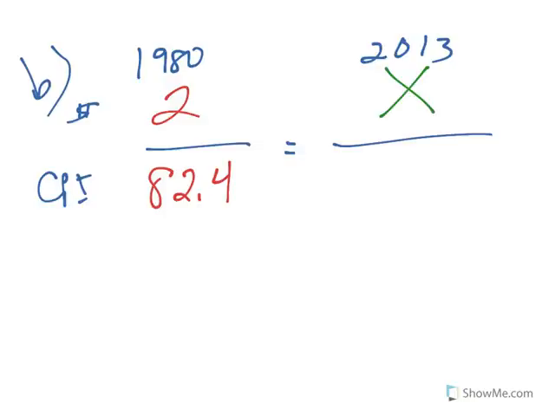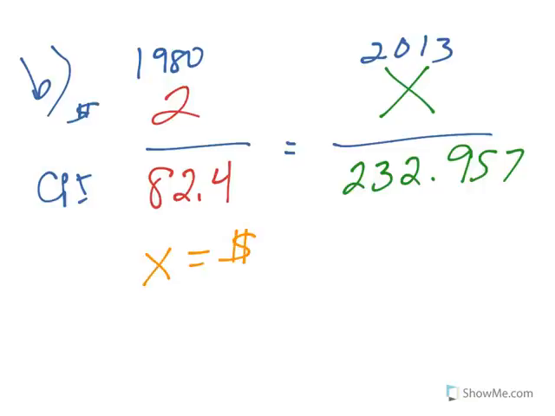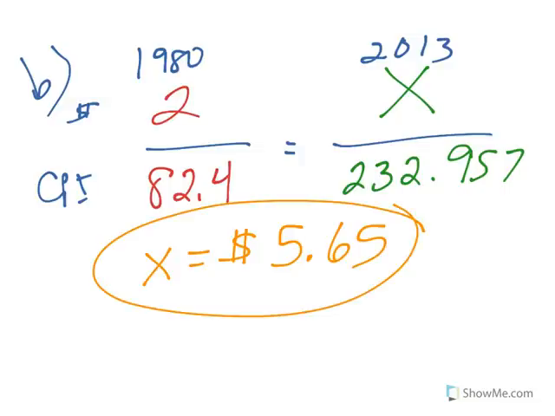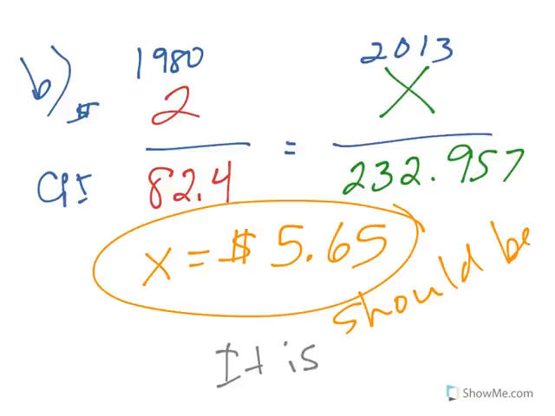So let's pretend we don't know the wage in 2013, but we do know the CPI, 232.957. This is our what-if scenario. So cross multiply. This tells us that the minimum wage, if it kept up with inflation, should be 5.65. This is what it should be. Well, what is it?